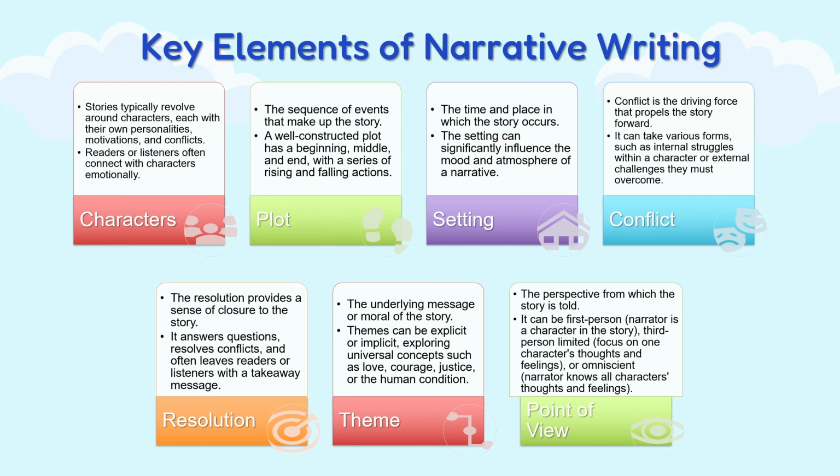It can be third person, where you just focus on the character's thoughts and feelings, or omniscient, meaning that the narrator knows all characters' thoughts and feelings, but he's not in there. He just tells what the character is thinking and what they are feeling. Okay, that is omniscience.